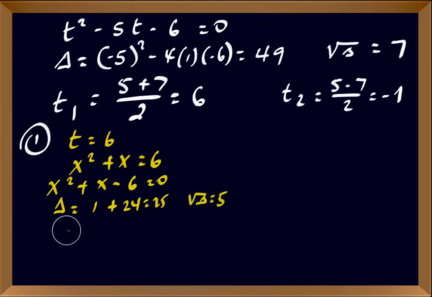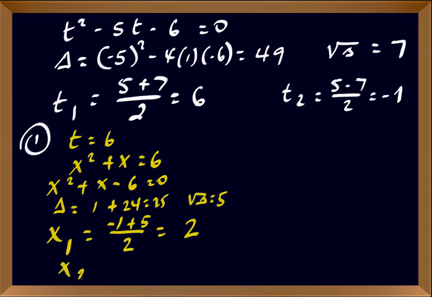So the first root we found, a real root, is x1 equal to minus 1 plus 5 over 2. That makes it 4 over 2, which is 2.